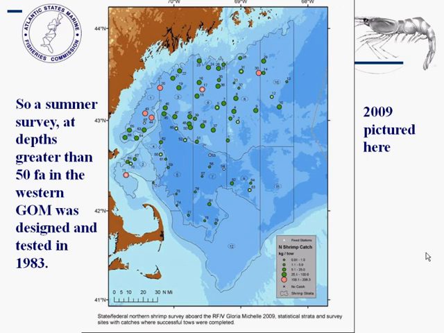And they came back inshore and did a few more tows and found shrimp very similarly to what they had found during the regular inshore trawl survey. So they didn't see any evidence of a big offshore population. But I think the jury's still a little out on this one. Not totally comfortable.